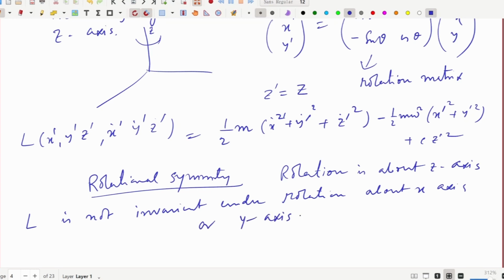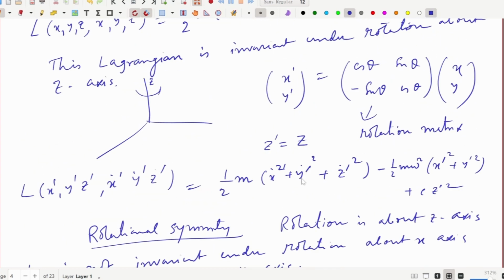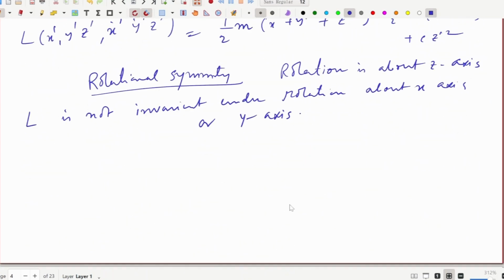You can write a similar transformation for those rotations. This is the rotation transformation for rotation about the z axis. Similarly, when you have a rotation about the x axis, the y z plane will change, and when you have a rotation about the y axis, the x z plane will change, and you can write the transformation explicitly.